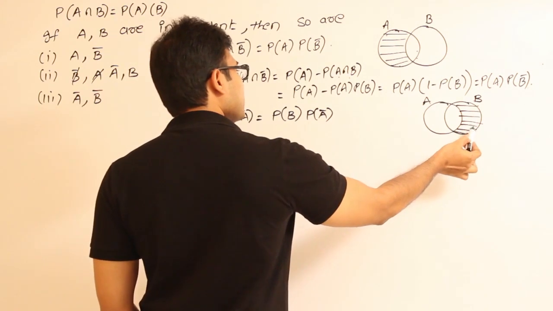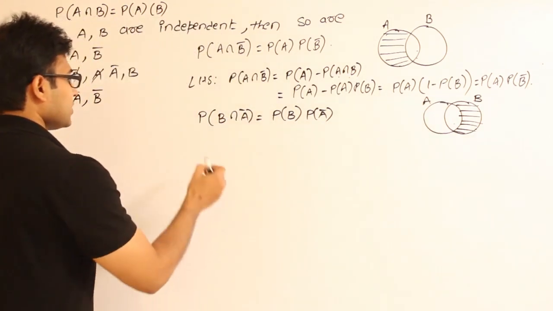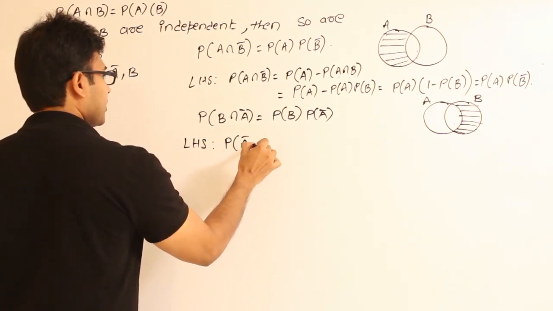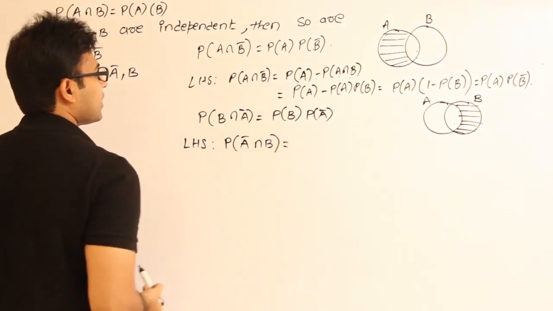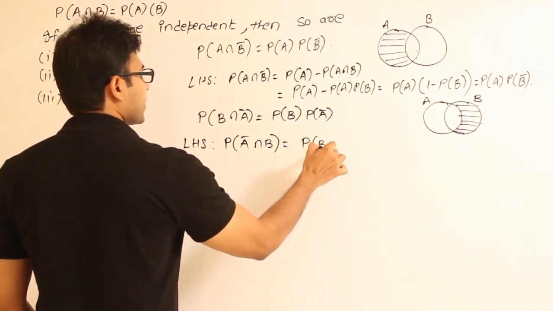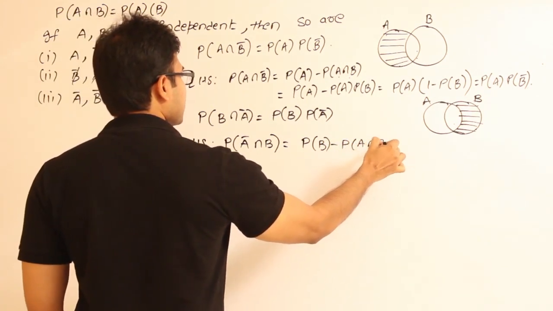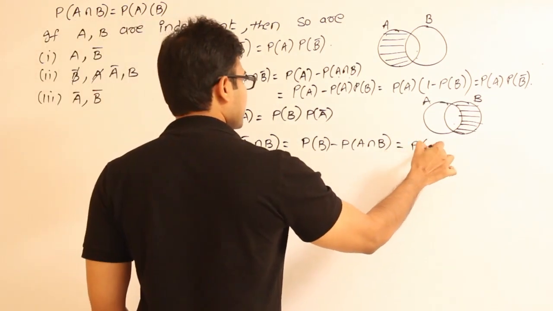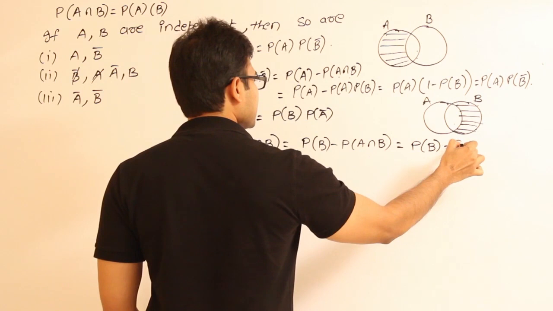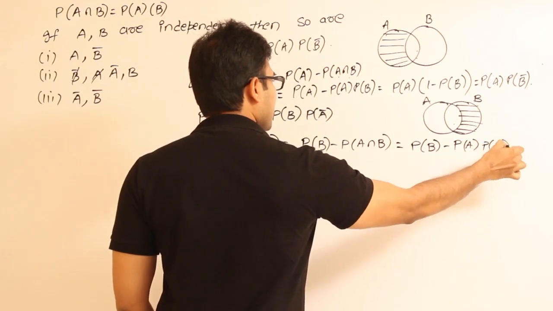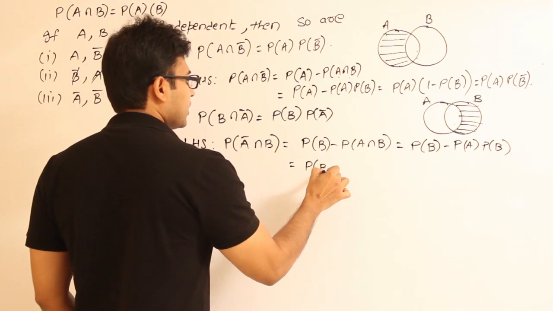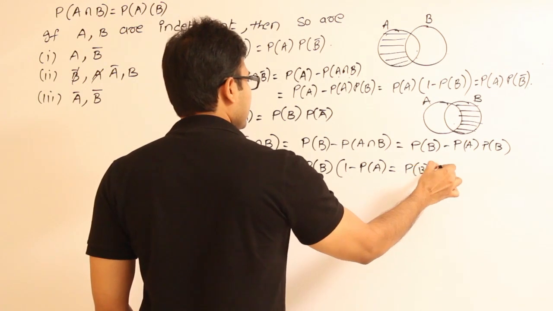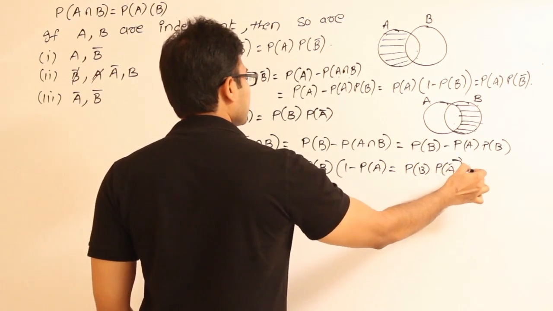It is nothing but P of B minus P of A intersection B. Now if I take the left hand side, I can write the left hand side of P of A complement intersection B as P of B minus P of A intersection B. Now we already know that P of A intersection B is equal to P of A into P of B, so that equals P of B minus P of A into P of B. Now if you pull out P of B as common, we get 1 minus P of A. Now it is nothing but P of B into P of A complement.